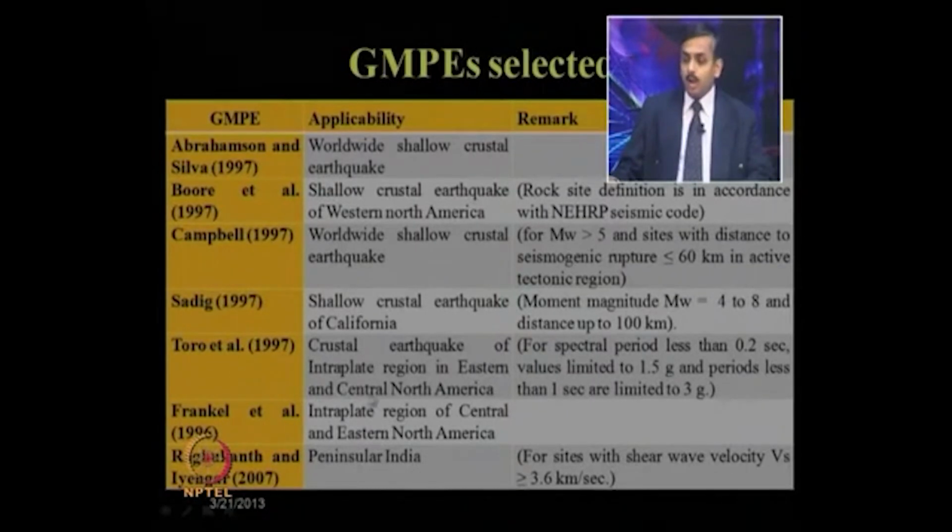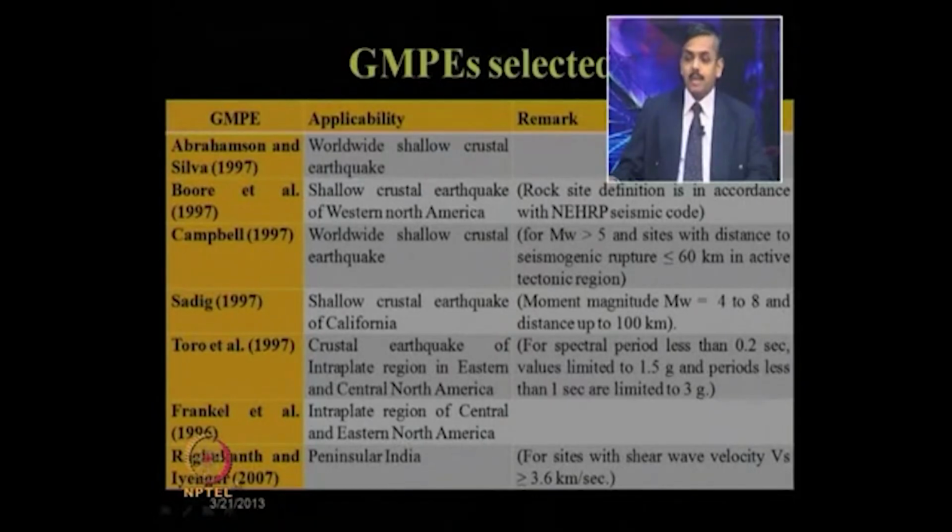Toro et al. mentioned that their attenuation relationship or GMPs are for crustal earthquakes of the intraplate region in eastern and central North America, and for spectral periods less than 0.2 second, values are limited to 1.5 g, and periods less than 1 second are limited to 3 g. Whereas, Frankel et al. data is valid for the intraplate region of central and eastern North America.